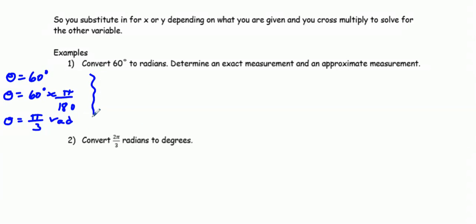If I wanted to do approximate, using the same method, theta is 60 degrees times, instead of pi, 3.14 over 180. I don't have a calculator. Maybe my iPad will work.